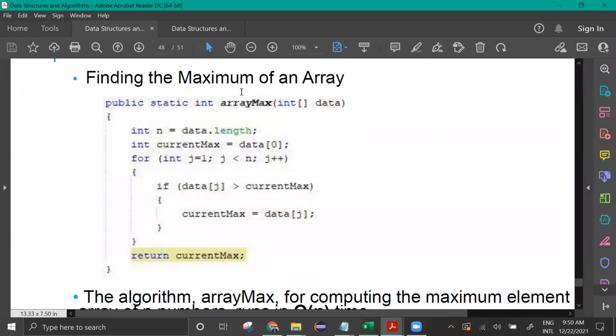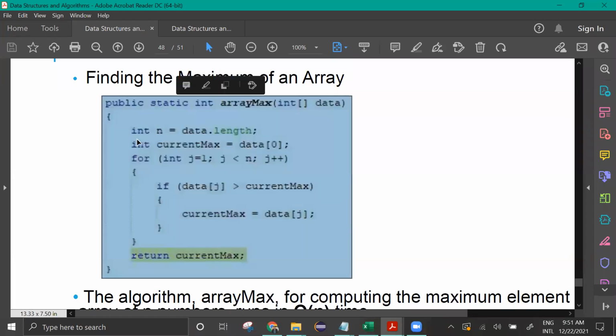In this method, we are taking an integer array and we get the length of that array as n.